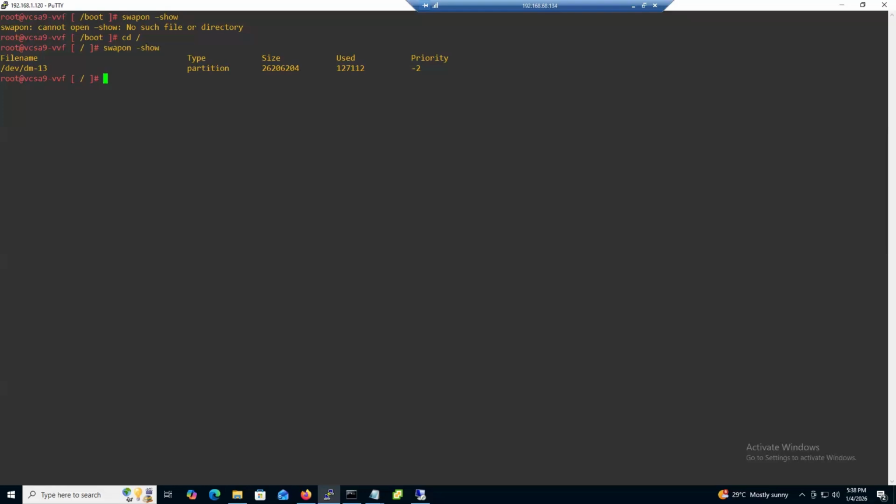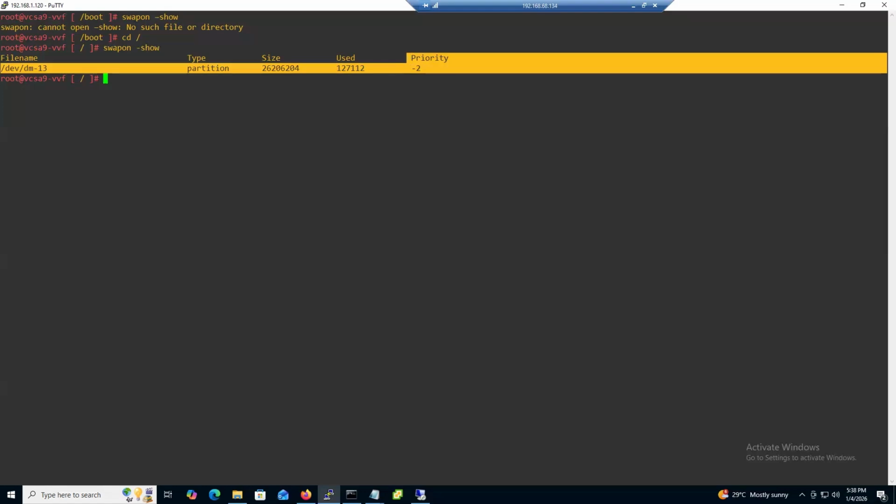So here we got some idea. Our swap is a partition and it has a size of 25 GB, and used is just 122 MB. Let's try to understand why this swap priority exists here. Memory in Linux is a combination of both the physical RAM as well as swap space.